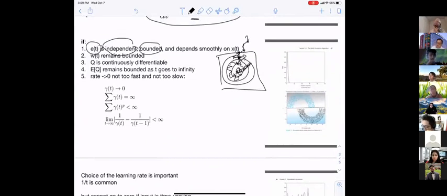Okay, so the error term e_t needs to be independent, needs to be bounded, and depends smoothly on x_t. Generally it needs to be differentiable. The point is that you don't want crazy chaotic random variables. So suppose you have the following function.